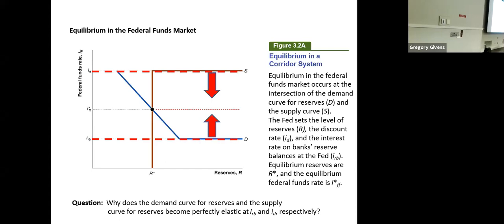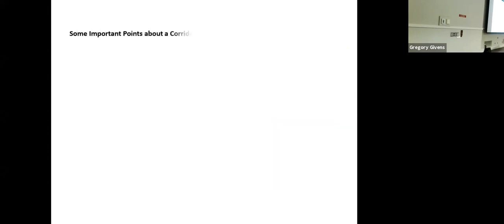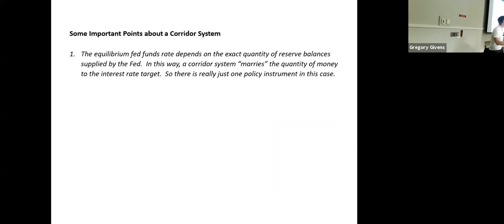If the Fed were to change the amount of bank reserves in the banking system in a corridor procedure, what happens to the funds rate? It goes up or down. So the funds rate target is tied to a specific quantity of bank reserves given the downward sloping demand curve for bank reserves. That's the sense in which the quantity of money, that is reserve balances in the banking system, is married to the funds rate target. So there's really just one policy instrument. You can't really separate those two.